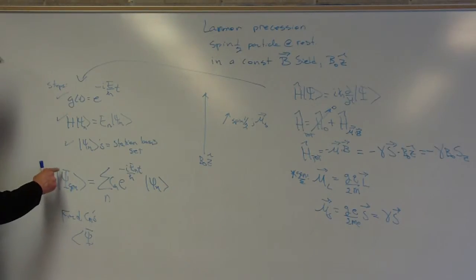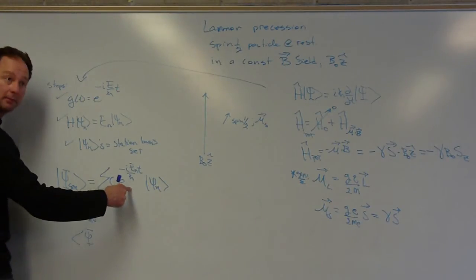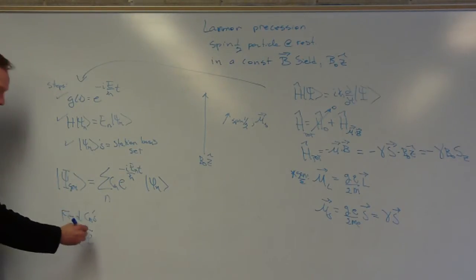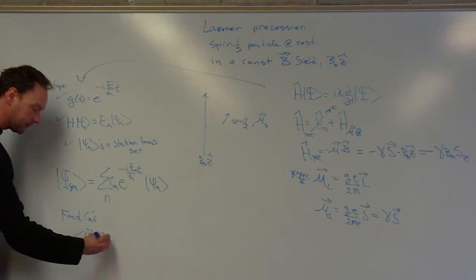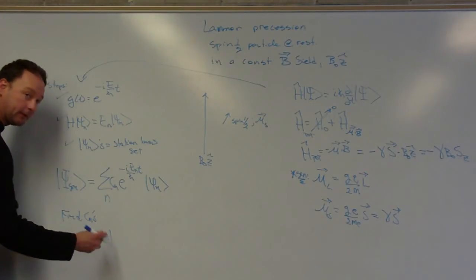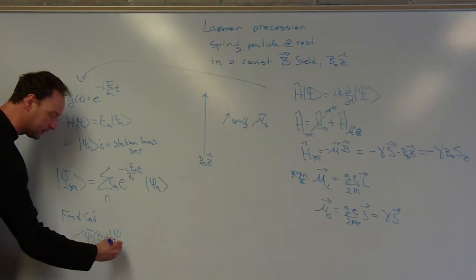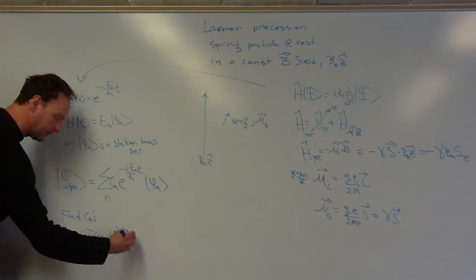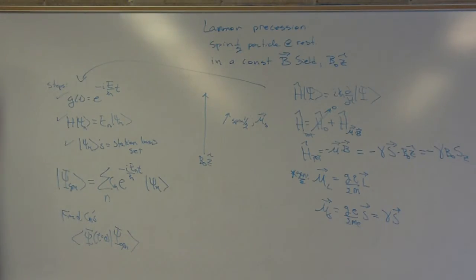Let me go back to a capital psi. Why do I want to go back to a capital psi? Because you're not going to lose time dependence. I put the time dependence back in, okay? And then to find the C_n's, I would take psi at t equals 0, and then look at the overlap with psi general. And I'd be able to find my C_n's.